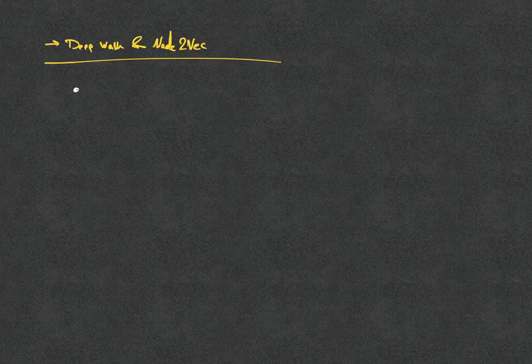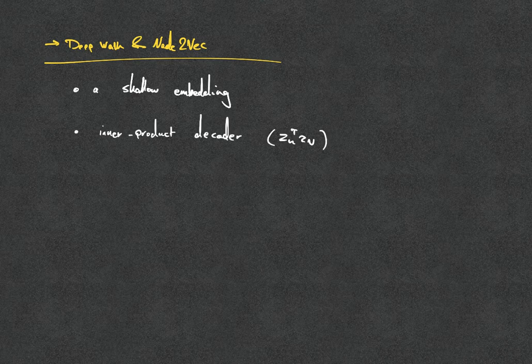The first thing to note about them is that both of them use a shallow embedding approach and an inner product decoder. And what makes them different also has to do with how they define the similarity and neighborhood reconstruction.